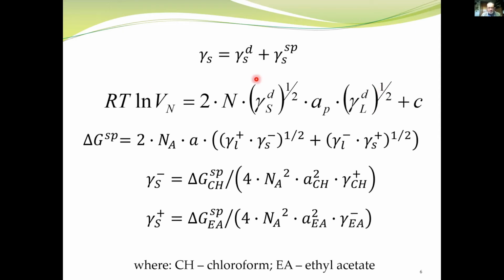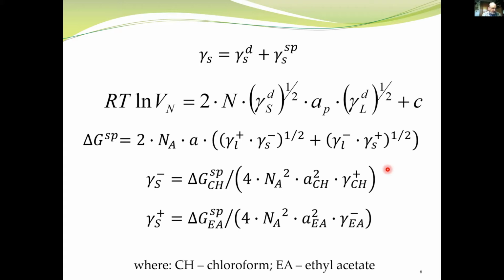This equation allows us to calculate the dispersive component of surface free energy, but using polar test solutes, it is possible to determine the specific component of adsorption energy, and from these values, using chloroform and ethylamine as test solutes, it is possible to determine components of the surface energy corresponding to acidic and basic interactions, exactly electron donor and electron acceptor interactions.